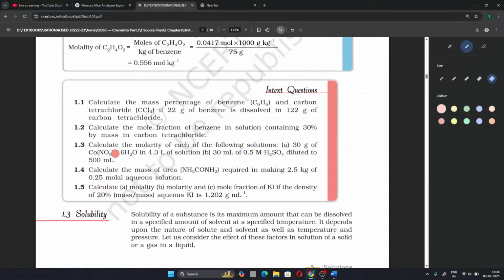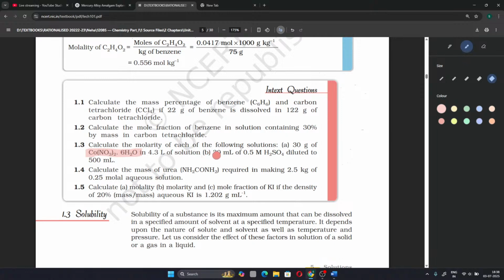We calculate the number of moles, and then we divide it by the volume of the solution, which is 4.3 liters.